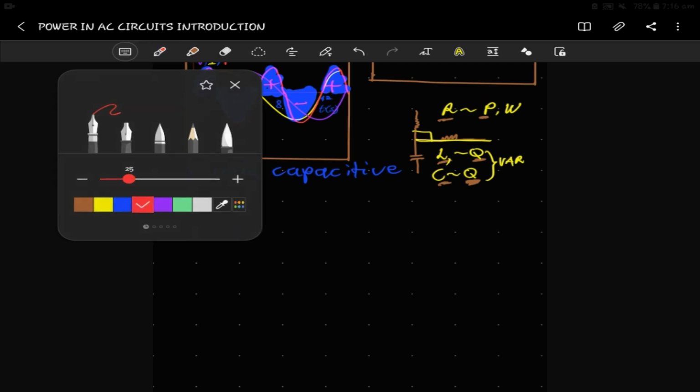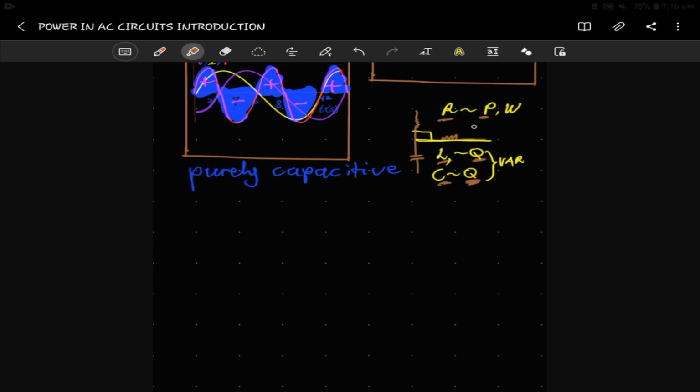We said that the resistor is the only one that consumes active power, or power, right? So what that will mean is that we end up having the active power here, right? And then we said that the inductor consumes only the reactive power, right?